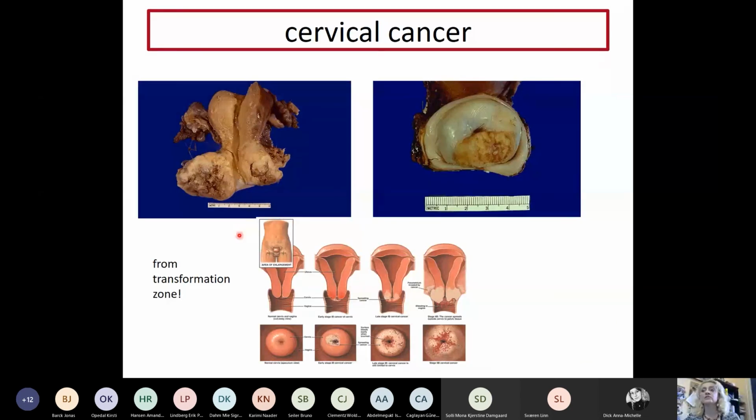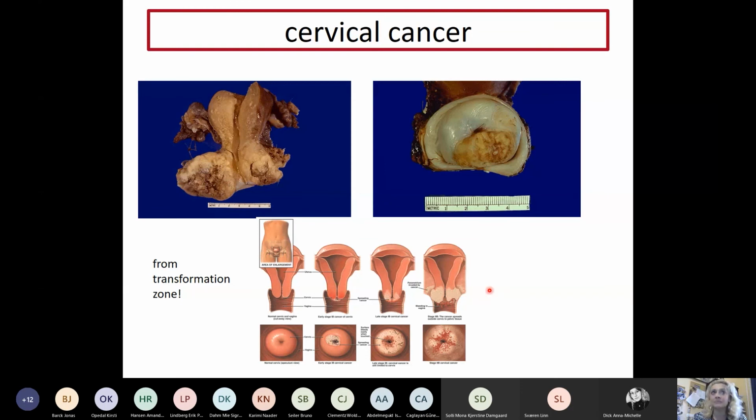And just a few words about the cervical cancer. You have to mention this here, that it grows from this transformation zone where it's always changing. So you can imagine this always changing epithelium is prone to malignant transformation. And this is what the different stages look like.